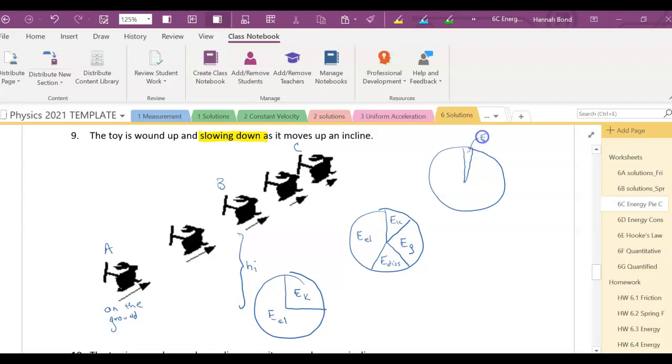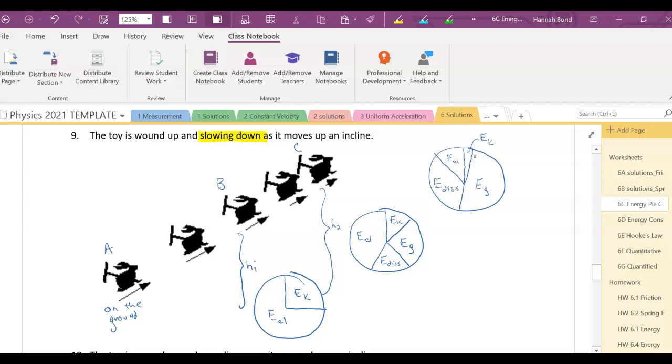So I've just got a sliver, maybe, of kinetic energy, but the gravitational energy is much higher, right? It's much higher than it was before, so I'm going to show a big amount of gravitational energy. I'm going to show more dissipated energy and a little bit of elastic potential energy left.